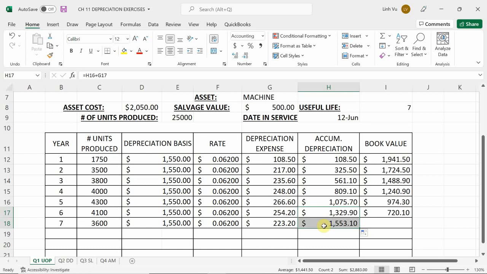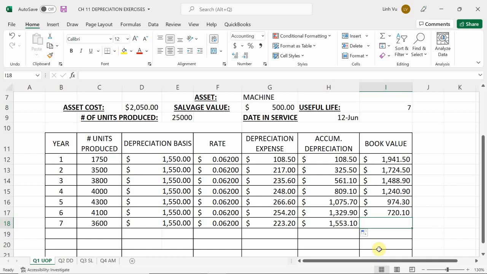Oh yeah, you are correct. 1584.1. Okay. 1553.1. Why is it giving this one? It's because your second number, you said two something. You didn't say 223.